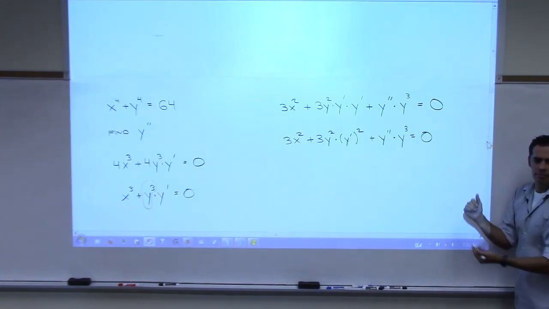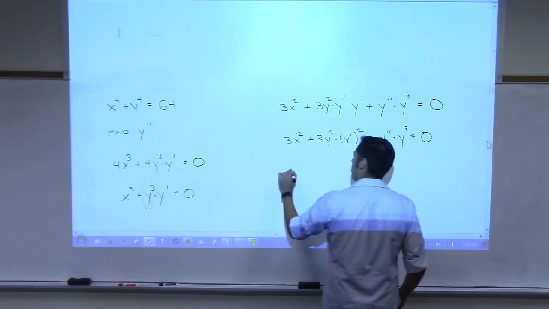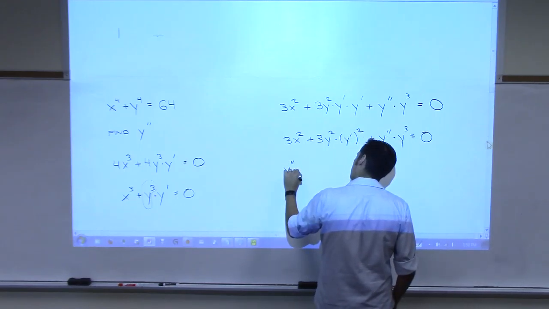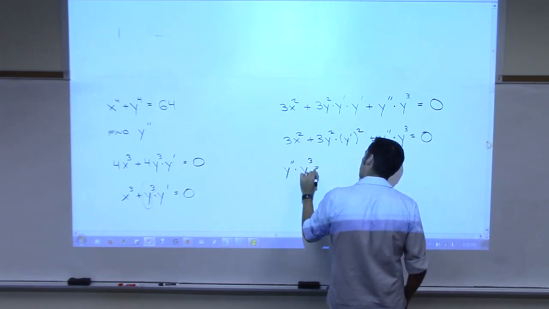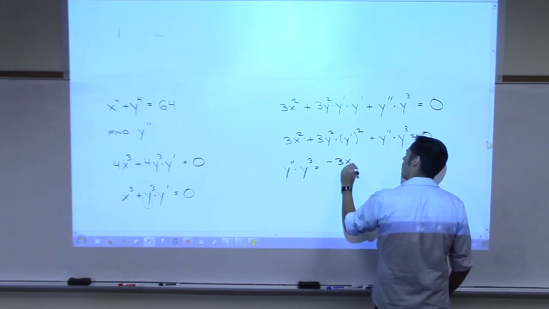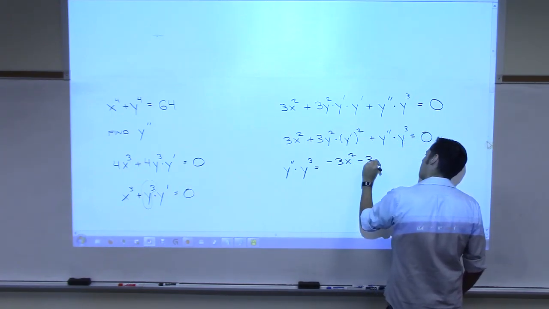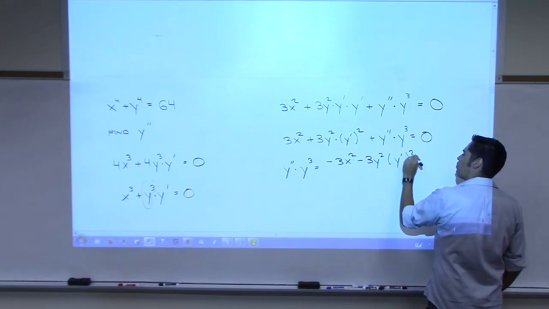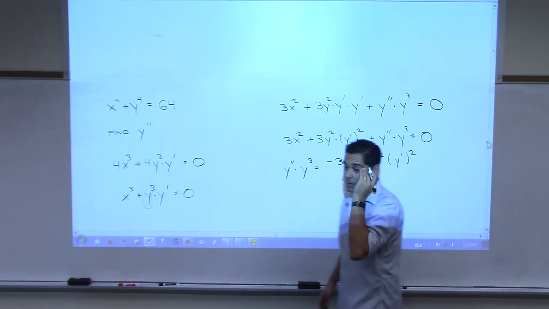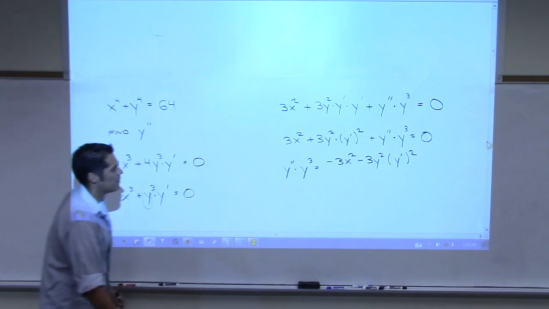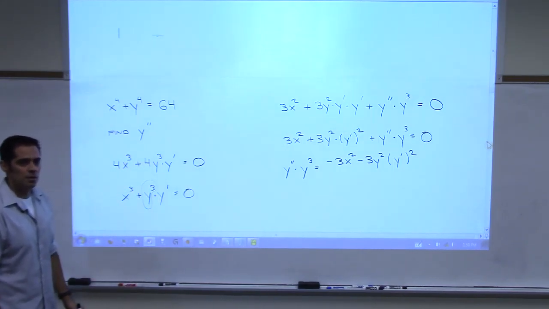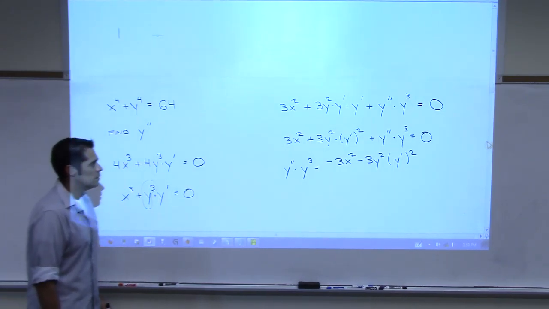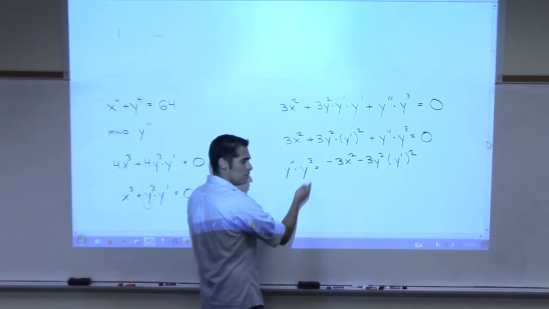So I'm going to have y double prime times y cubed equals negative 3x squared minus 3y squared times y prime squared. And then what am I going to do? Divide both sides by y cubed.